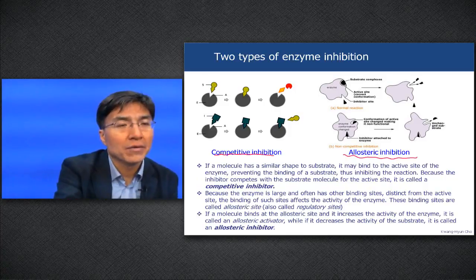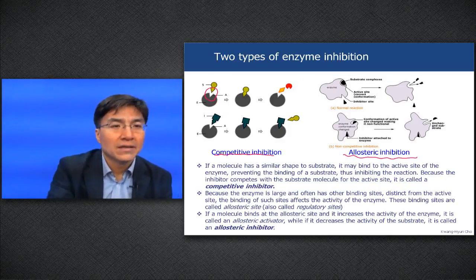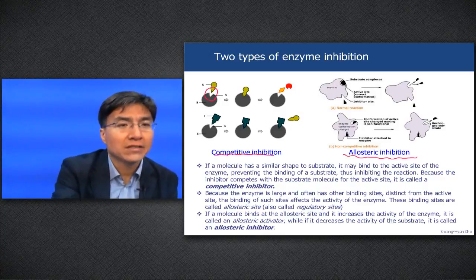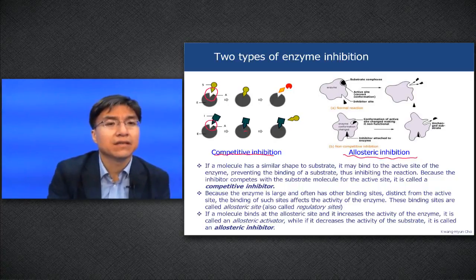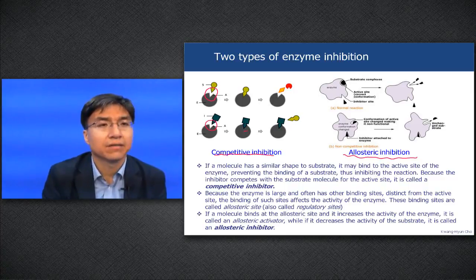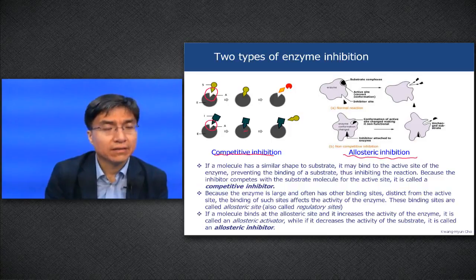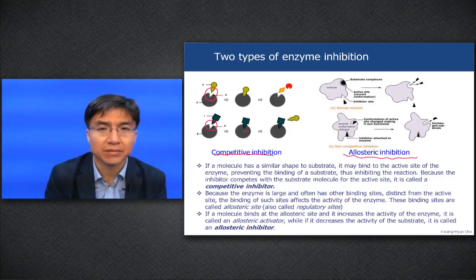So if we think of one specific substrate enzyme binding site here, if there is a very similar structure that we call inhibitor, if it binds to the same binding site, then it can prohibit the binding of the substrate. So the inhibitor and substrate compete together for the same binding site. This is competitive inhibition, and we call such an inhibitor a competitive inhibitor.